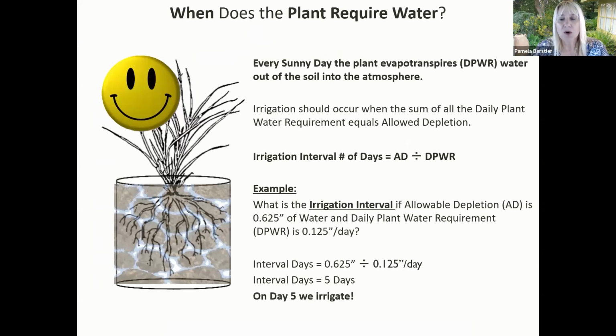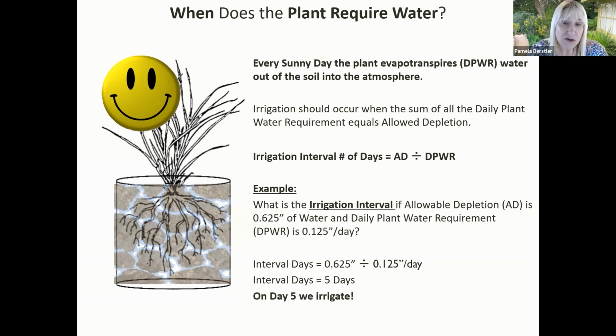So when does the plant actually require this allowable depletion to be put back in? Well, since we know what the daily plant water requirement is, we know how much this plant is evapotranspiring every day, we can determine how many days it's going to take for that plant to take the allowable depletion out of the soil.